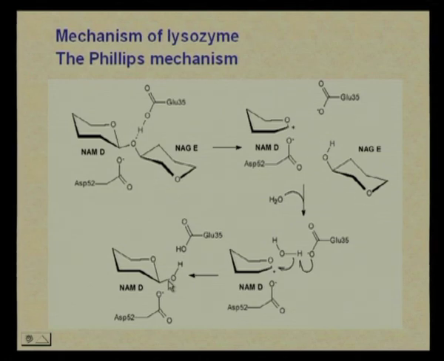So, we have a cleaved hexasaccharide unit between rings D and E when lysozyme catalyzes the bacterial cell wall, and we have this glutamic acid 35 ready to provide its proton to another NAG-NAM set.